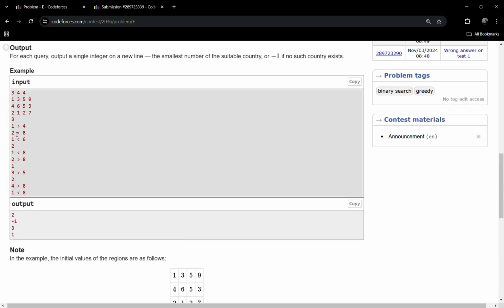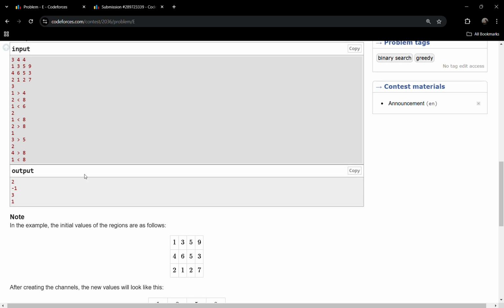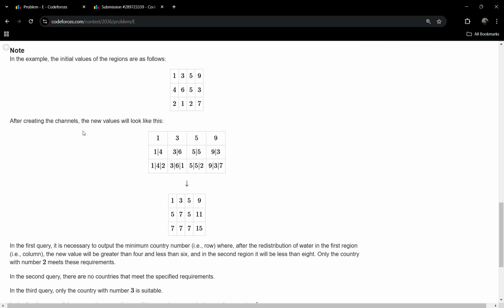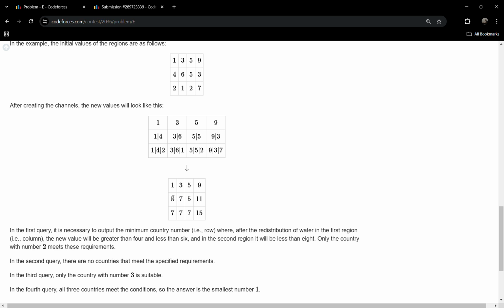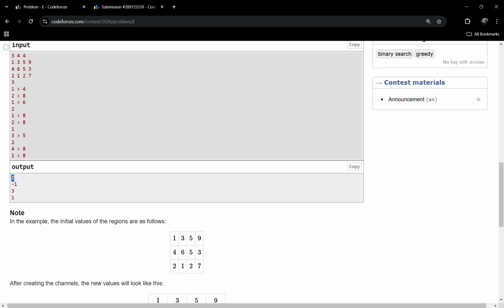Then the second statement: the second region should be less than 8. Yes, it is less than 8 in both 2 and 3. And the first region should be less than 6. So there is only one country satisfying all the constraints, which is the second. So you have to output 2.